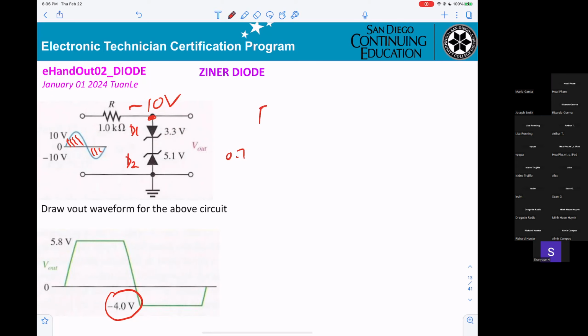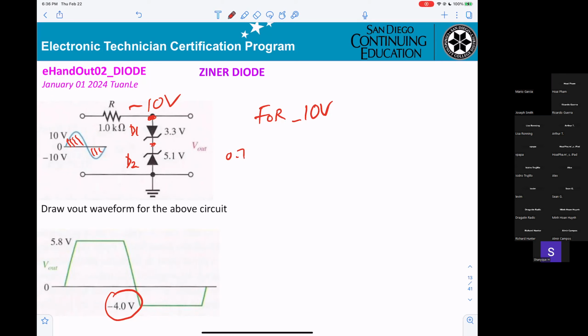So the first or the second, yeah, I was going to ask you that. For minus 10, right? Yeah. So the D1, let's see, minus 10. And this side here, okay, they can be grounded.